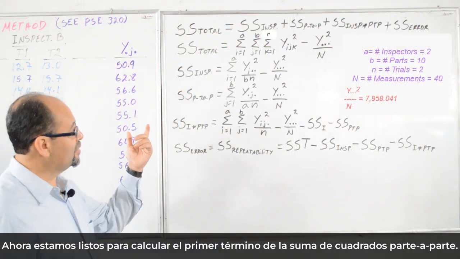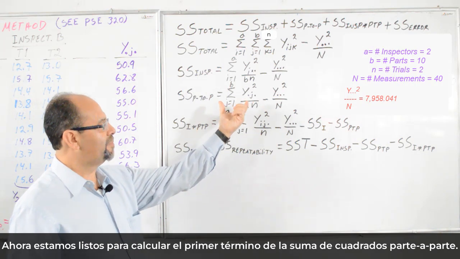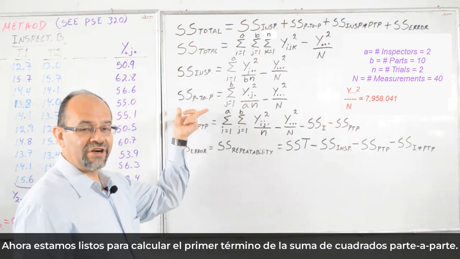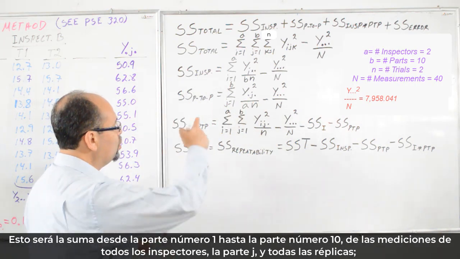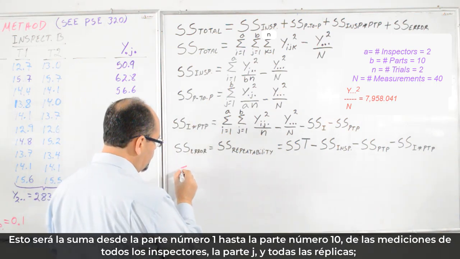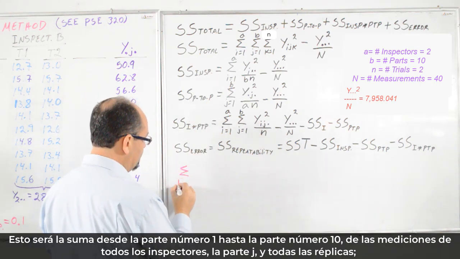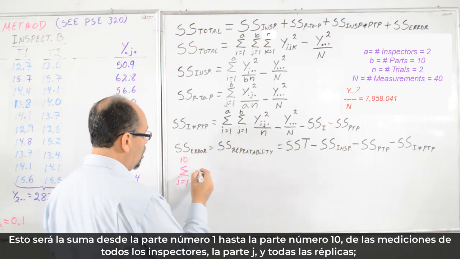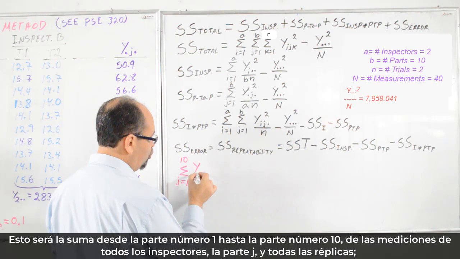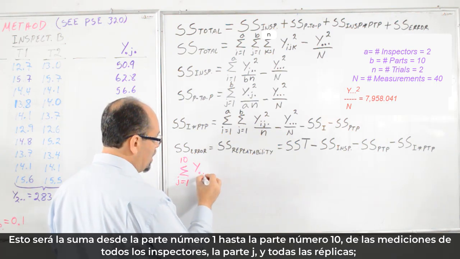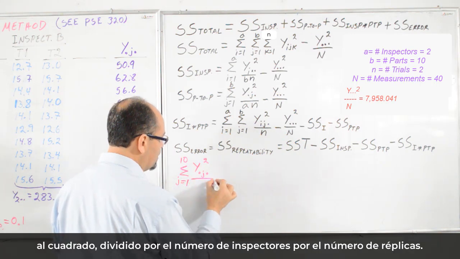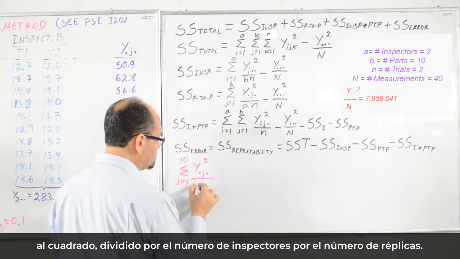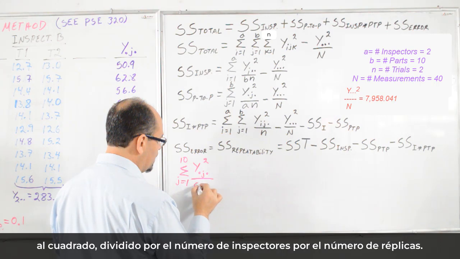Now we are ready to calculate the first term for the sum of squares part to part. And that will be the sum from part number 1 to part number 10 of the measurements for all the inspectors, part J, all the trials squared, divided by number of inspectors times number of trials.